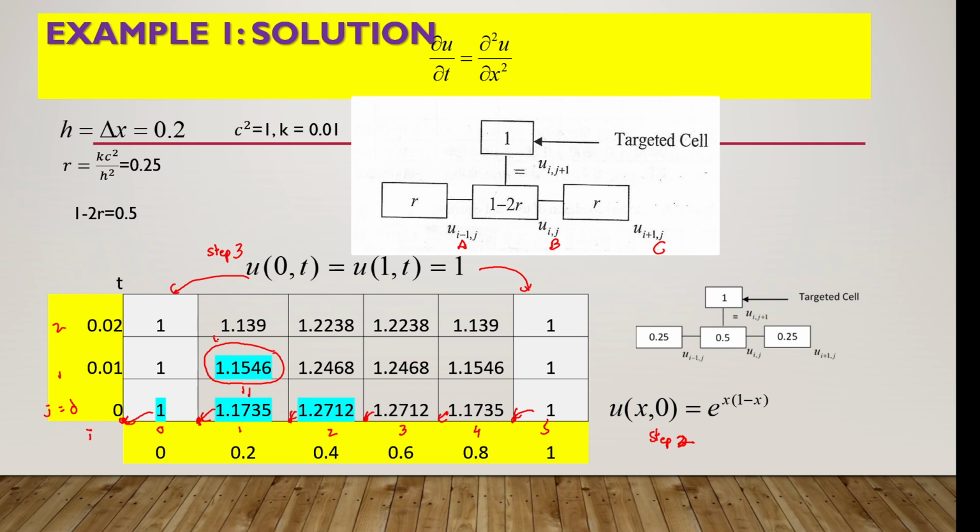So this cell is actually U1,1. So you want to know this cell U11.